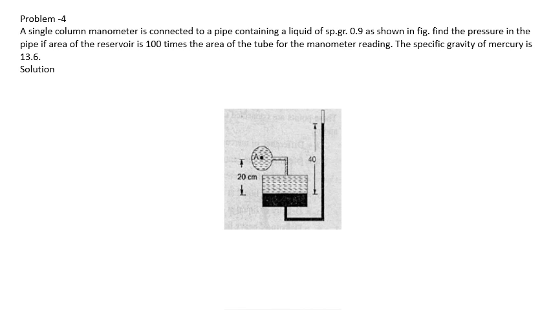Here area of the reservoir is denoted by capital letter A, and that A is equals to 100 times the area of this tube of the manometer, that is a small letter a. So now find out the pressure in the pipe, the pressure at point A. Here the height of the liquid level from the reservoir to the axis of the pipe is given as 20 centimeter.